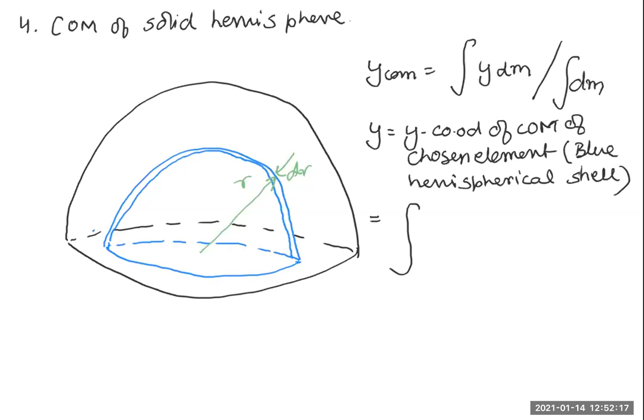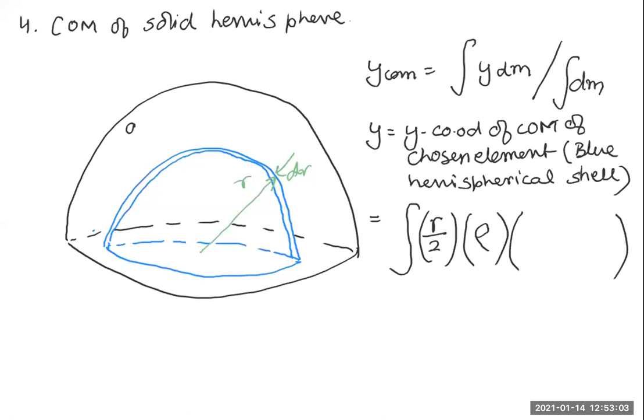Please tell me, we did this in the last class. Yes, very good. So radius upon 2, right? So its radius is small r, so r upon 2 into rho, that is the volume mass density, because we are dealing with a solid object, multiplied by the volume of the blue hemisphere.